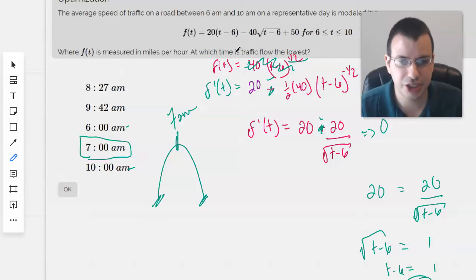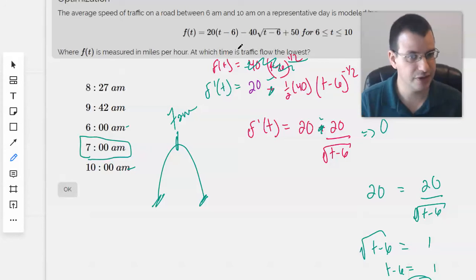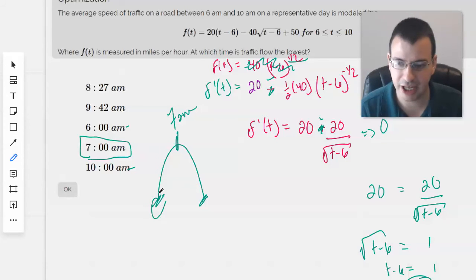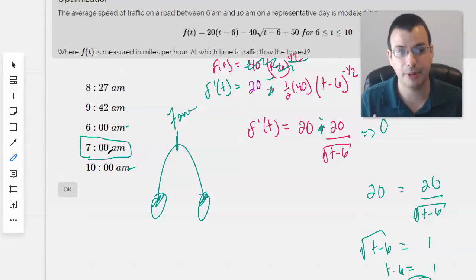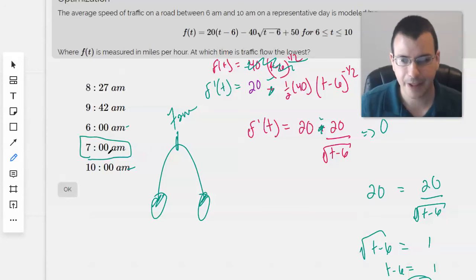But both 6 a.m. and 10 a.m. give us 50 miles per hour, so if they were both possibilities, we'd expect one of the answers to be one of them. Since we have two possibilities there, we're pretty sure, just the way the question is set up, that 7 a.m. is going to be the answer.